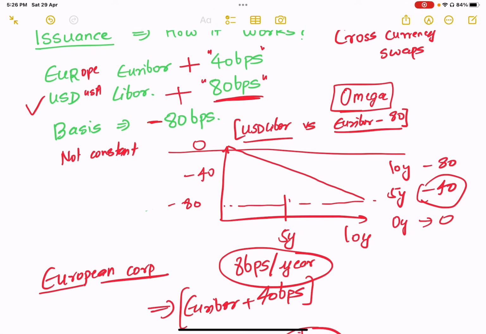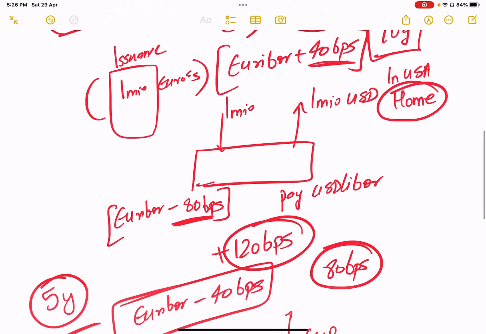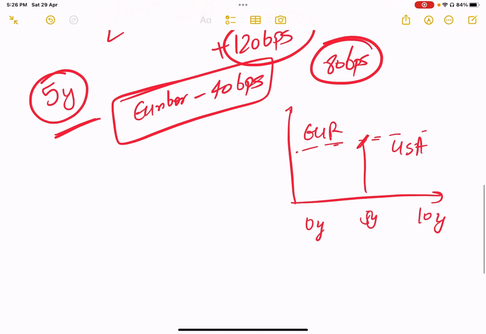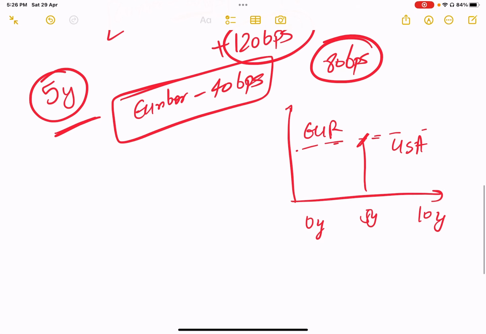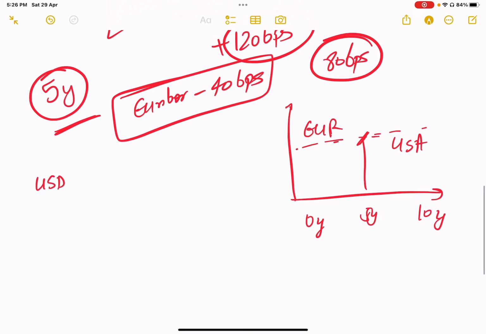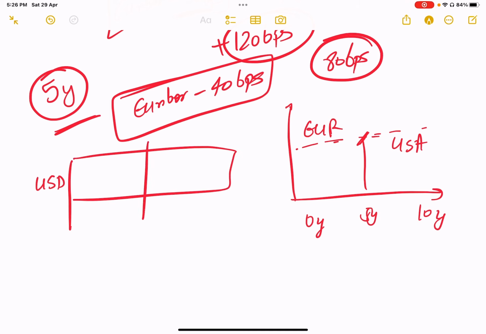If this number was different, then my pivot will shift here and there, right? So basically, I can say that US corporation for less than 5 years, it will issue in foreign, this Europe. Greater than 5 year, it will issue domestic.